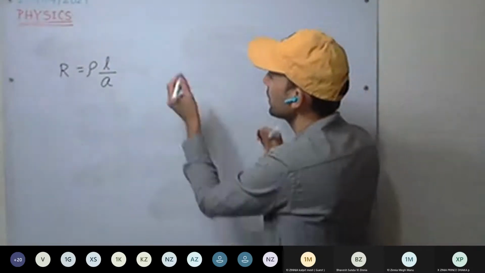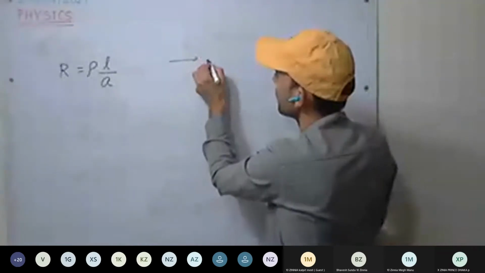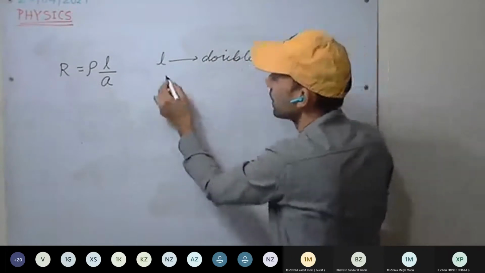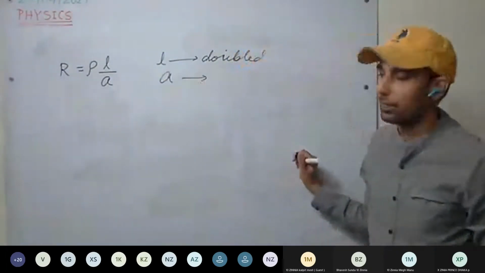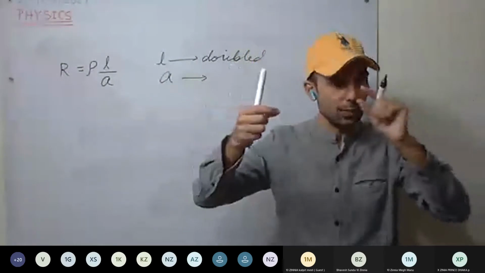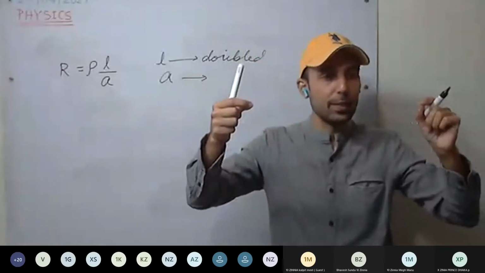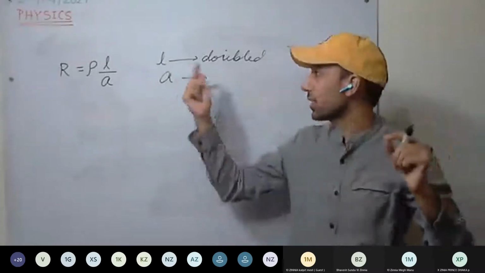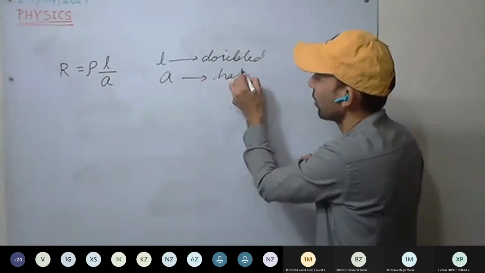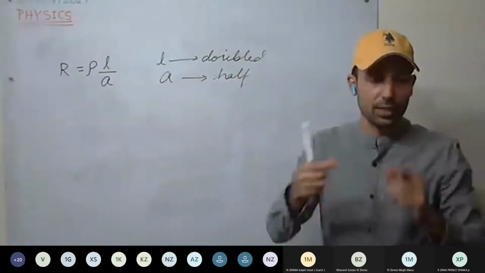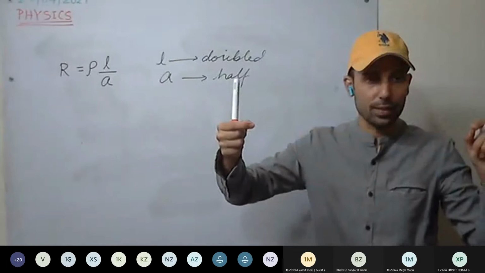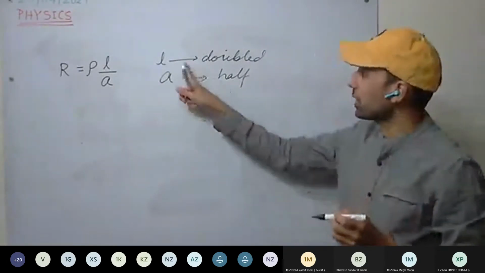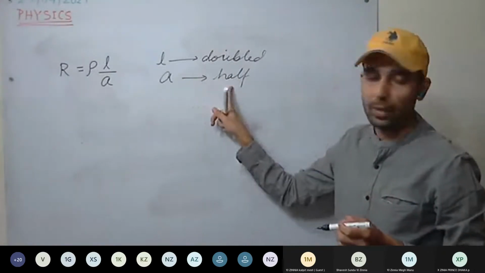If we stretch the length, the wire will get thinner and thinner. See, the amount of material is the same. If the length is doubled, the area of cross section will become half. Yes or no? If we overlap it again, the same area it will be. Understood this one? If length we have doubled, area will become half.